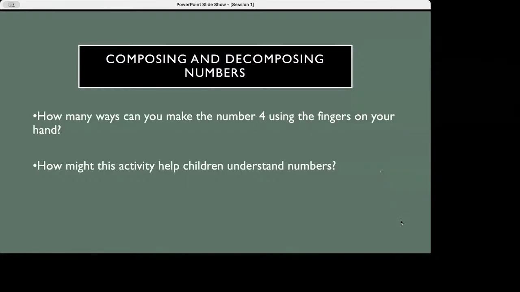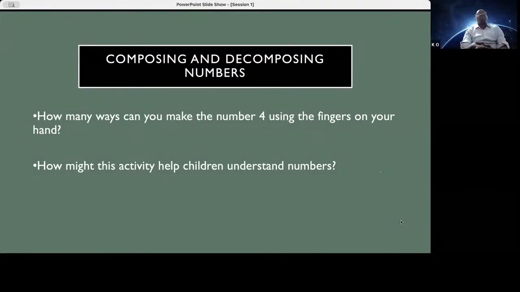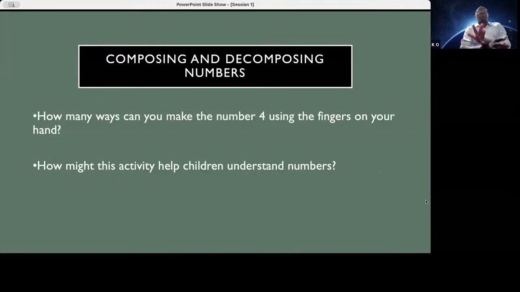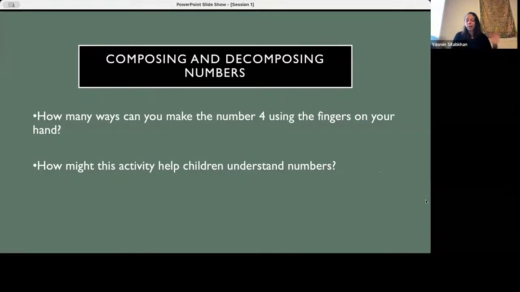Yeah, go ahead. The fourness. When you decompose, the element of the fourness comes out. Say that again. I'm saying the moment you are decomposing, you are bringing in the fourness, that element of four of them, the fourness. Exactly, the fourness. That's a great way to say it, that understanding of what the number 4 is.